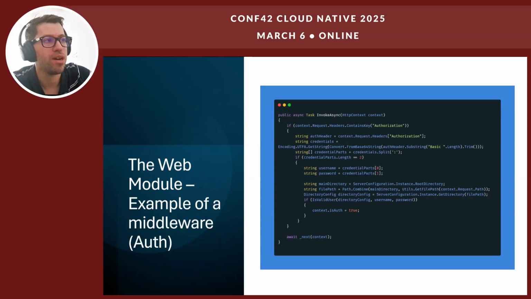request, if we're sending an authentication, we will have the header, and from this header, we can get the username and the password. We can then check if it matches the username and the password we have in an access file on the server. If yes, the user is authenticated.